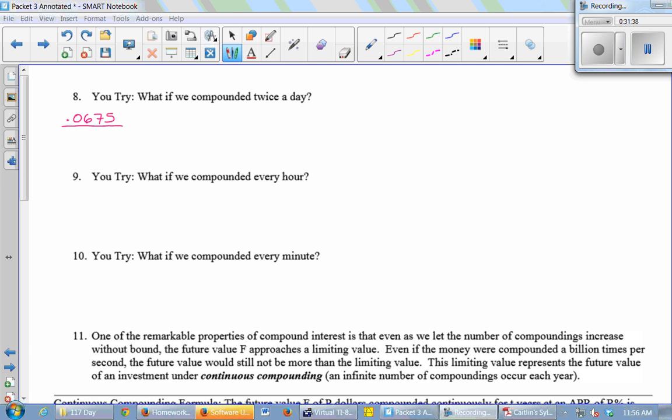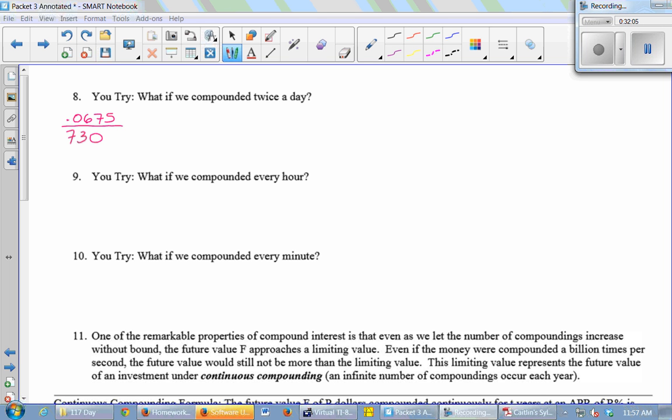So how many half days are there in a year? 730. There are 365 days in 1 year, so half days would be 730. So I'm going to take my 0.0675 and spread it over 730 payments. The bank is going to pay me twice a day for a year.